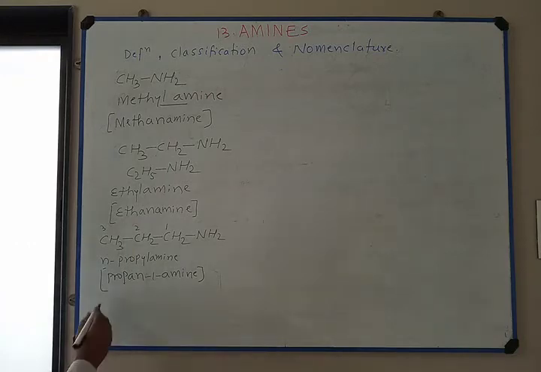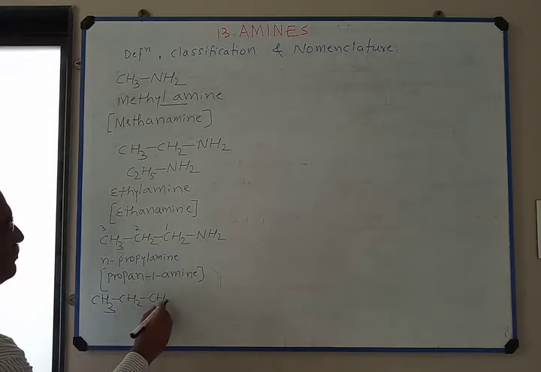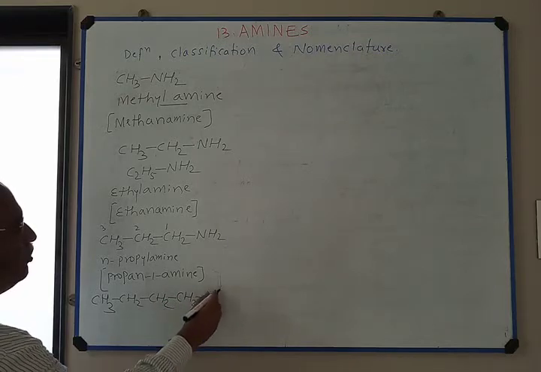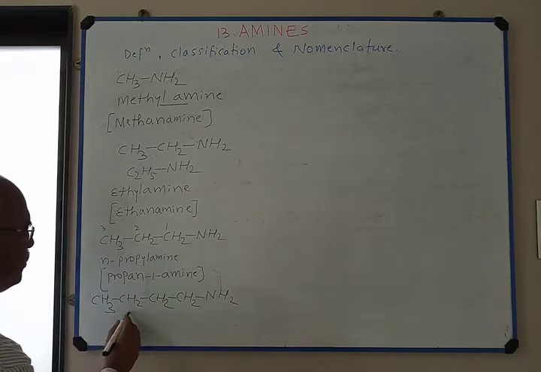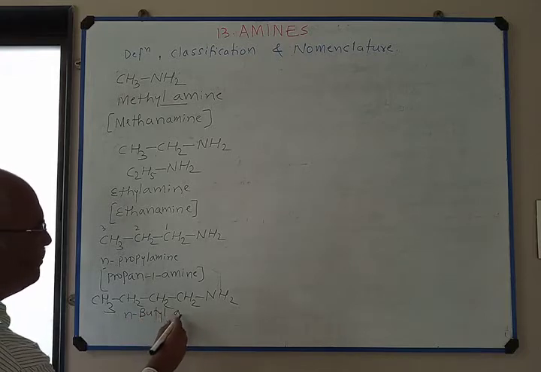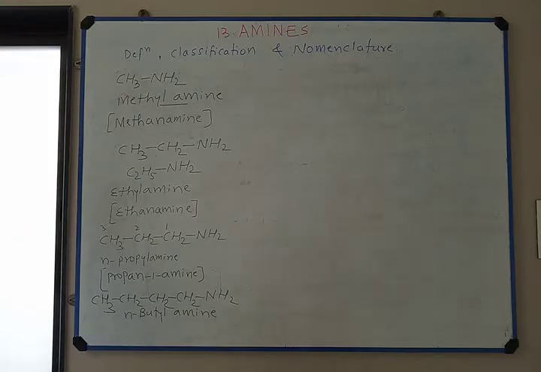Next, CH3 single bond CH2 single bond CH2 single bond CH2 single bond NH2. The group is n-butyl group. Therefore, the name of the compound is n-butylamine. Can you write IUPAC name for this compound?